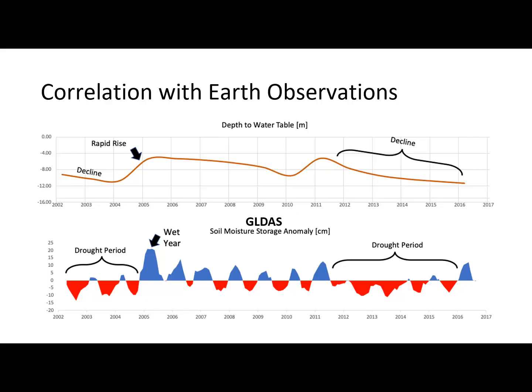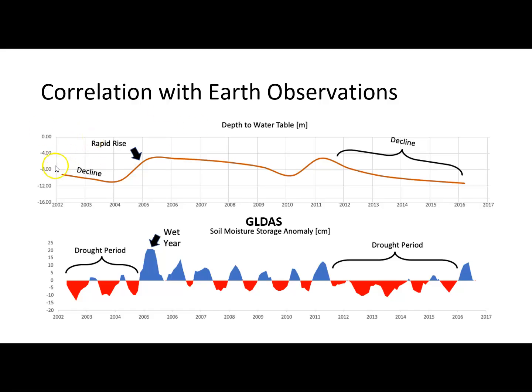So at the top here, we're looking at the water level at a particular well. And on the bottom, we're looking at the variation of soil moisture from GeoDAS, the NASA land surface model that we talked about in the other presentation on the GRACE groundwater subsetting tool.